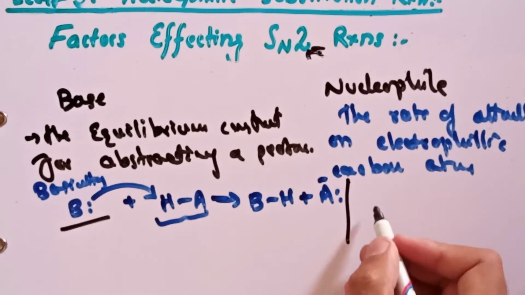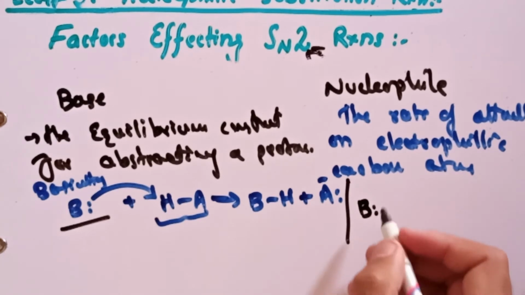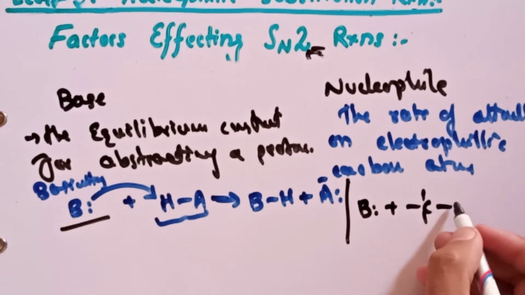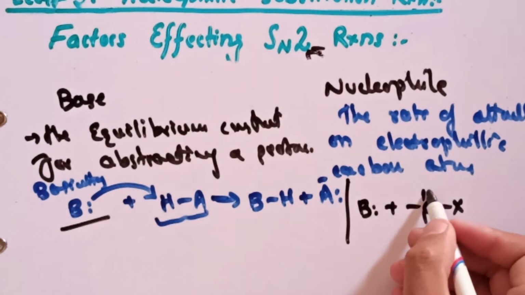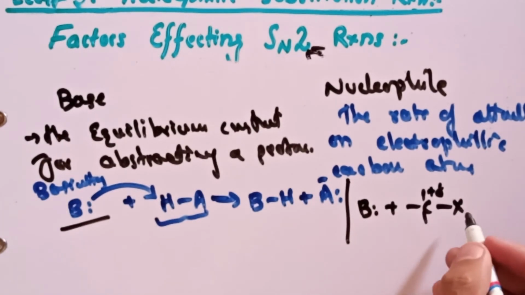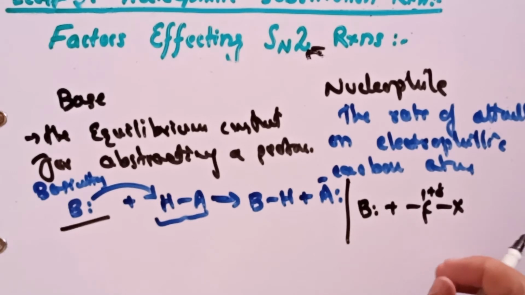While in the case of a nucleophile, there is an electrophilic center, meaning a center that has a deficiency of electrons. When there is a deficiency of electrons, there is some positive charge, because the atom is bonded with an electronegative element, which withdraws electrons.